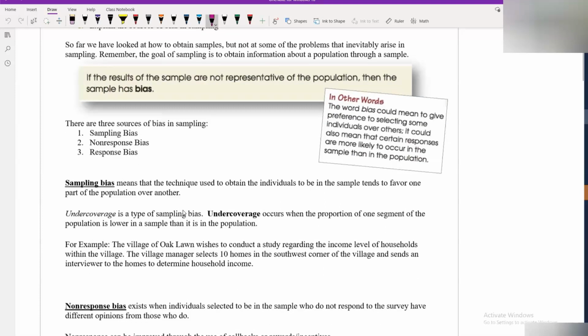Sampling bias means that the technique used to obtain individuals to be in the sample tends to favor one part of the population over another one. For example, we try to find the average score in our college for all the classes that they have right now in summer.